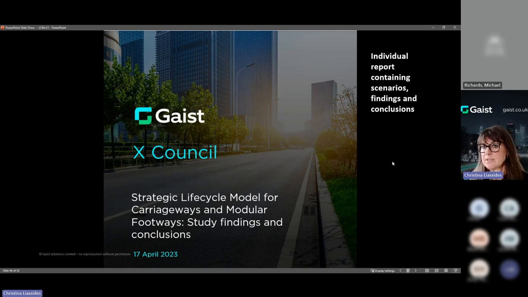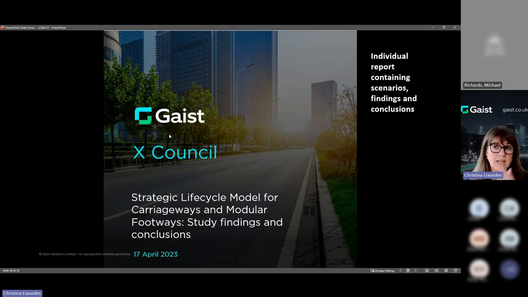So if anyone says, how is this data led? We can talk to, well, that report will show you exactly how the model works. One on all the charts and graphs, and then the strategic report, if you like, so the findings and the conclusions. So what you want to know is, well, what happens if I do this? And we will summarise that in ways that you can take to non-engineering people.